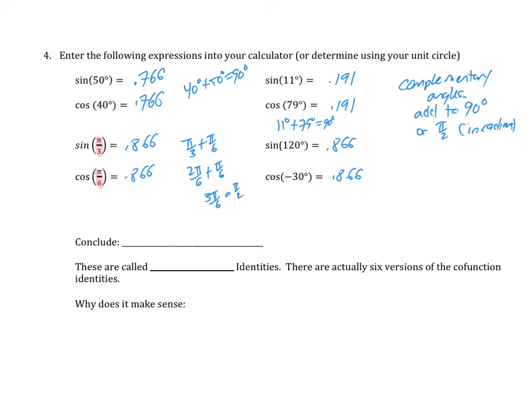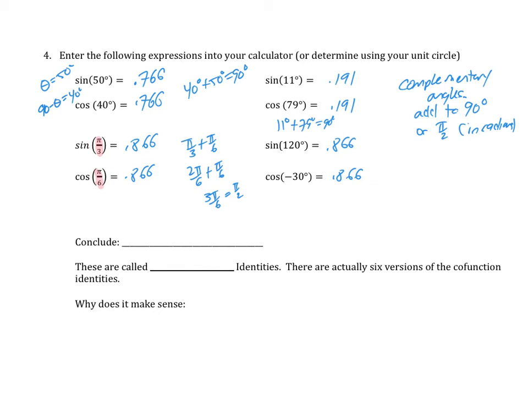And we can make a conclusion. So in this case, let's say theta is 50 degrees. Then 90 minus theta would be 40 degrees. So really what we have is sine of an angle is equal to cosine of the complementary angle.